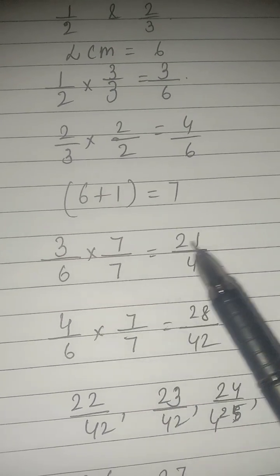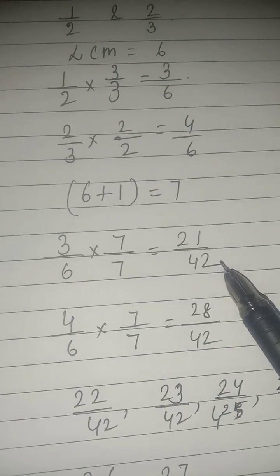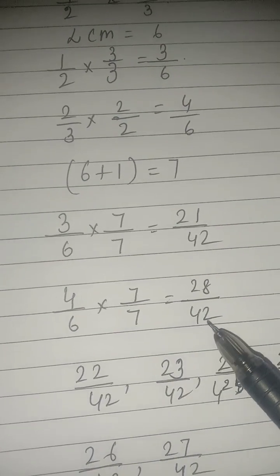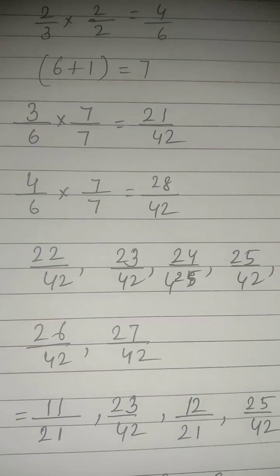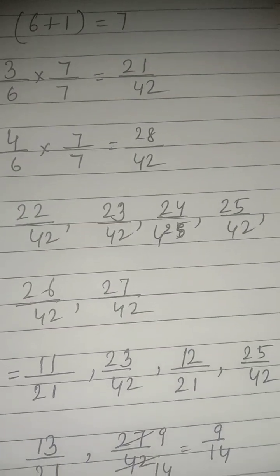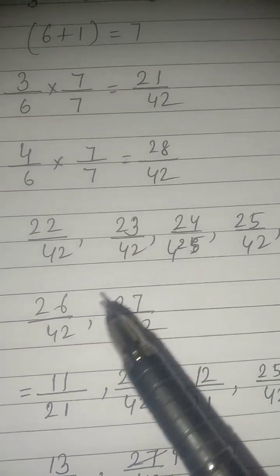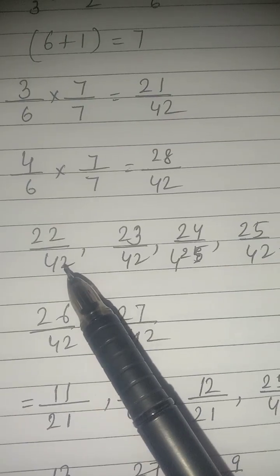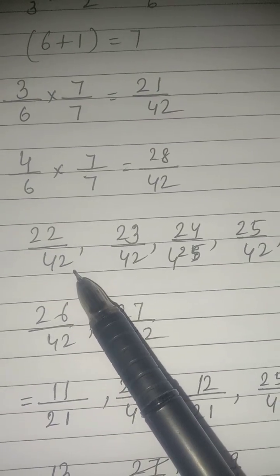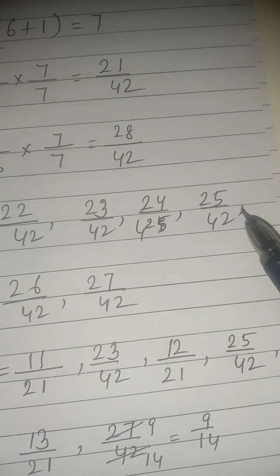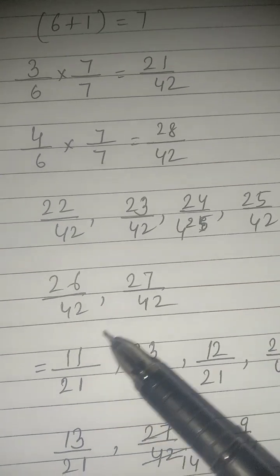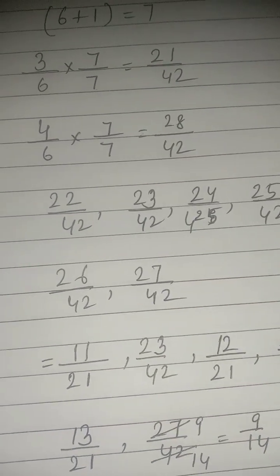After multiplying, we get 21 by 42 and 28 by 42. Now in between 21 by 42 and 28 by 42, we can insert the 6 numbers: 22 by 42, 23 by 42, 24 by 42, 25 by 42, 26 by 42, and 27 by 42.